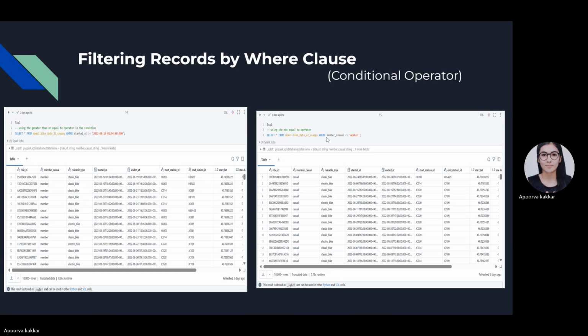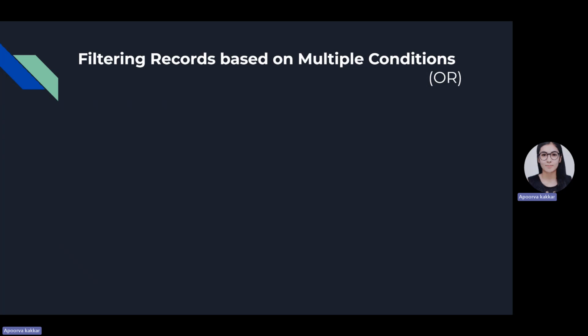Similarly, this syntax states that select all the values from this table where member casual is not equal to member. So this will output all the records where the value of member casual can be anything other than member.